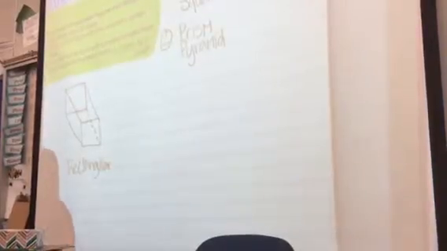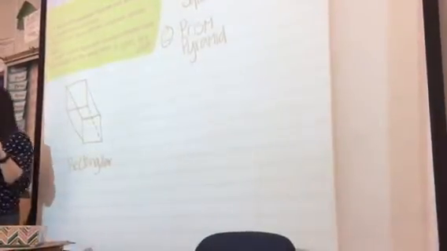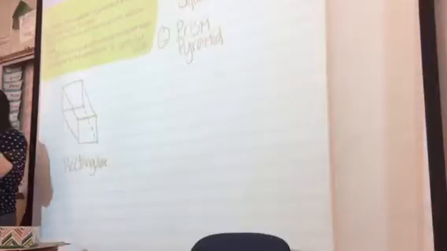Okay, and then we need to ask ourselves, is this a prism or is this a pyramid? I want you to talk to your partner. Is it a solid figure with 2 parallel sides, or does it come to a point on only one side? Talk to your partner about it right now. Okay, I need all eyes up here in 3, 2, 1, and 0.